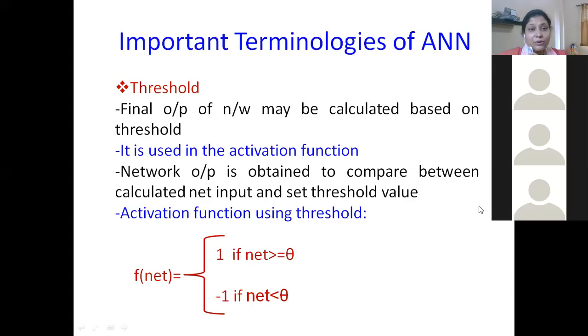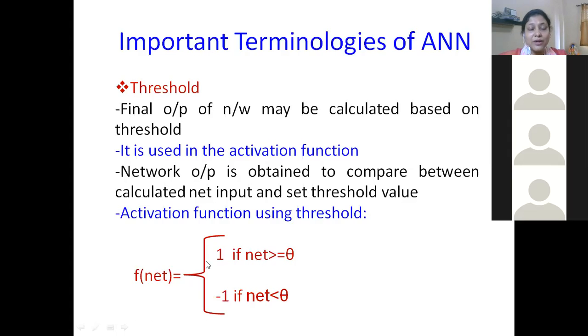Now the question of that action will be discussed in later slides. In this particular slide, we highlight that if an activation function has a threshold value, how can we calculate the output of the network?